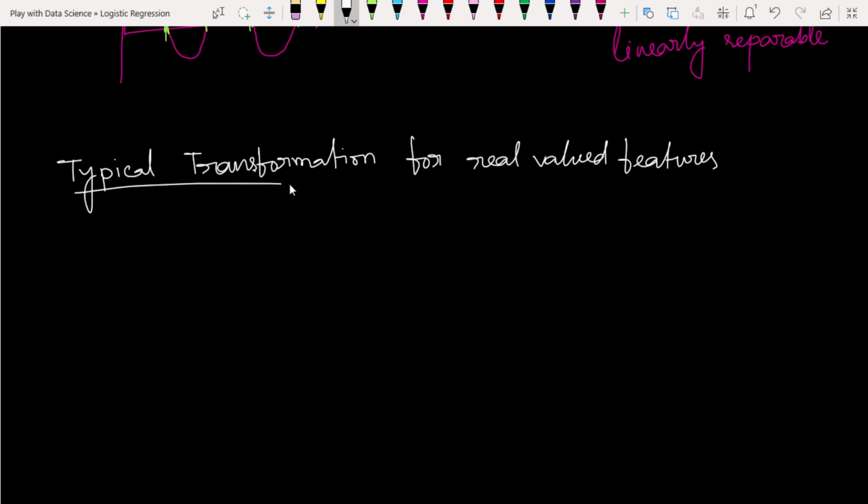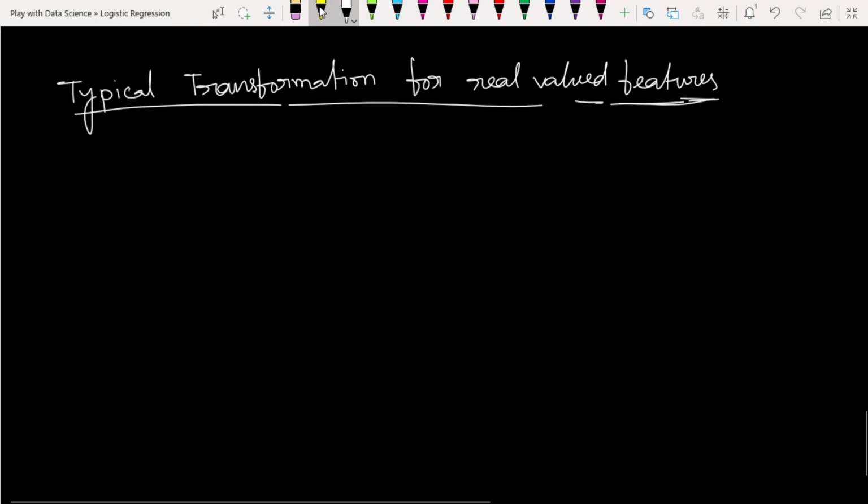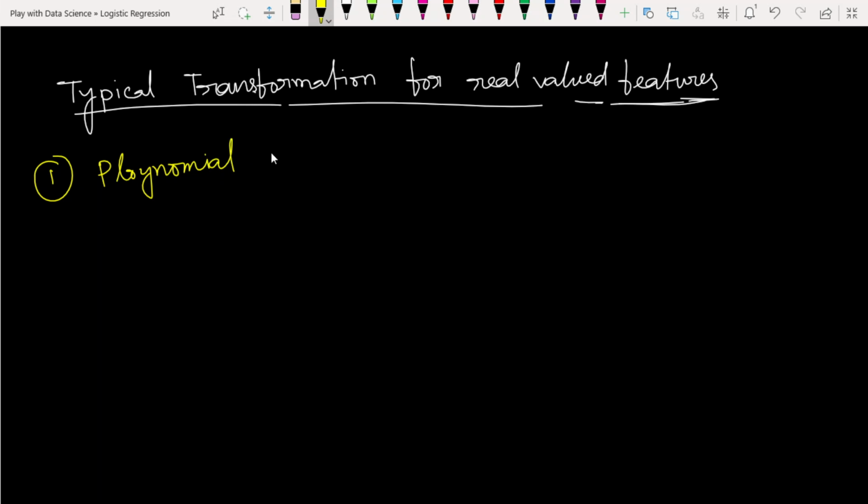Okay, what kind of typical? So the first one is the polynomial features. What kind of features are polynomial features?